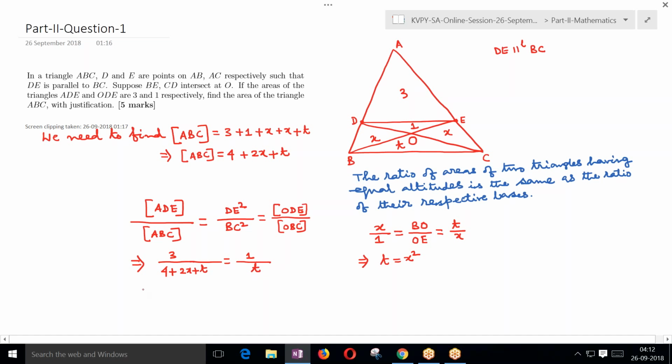So if we simplify this, we get 4 plus 2x plus t is equal to 3t. So that implies t is equal to x plus 2.